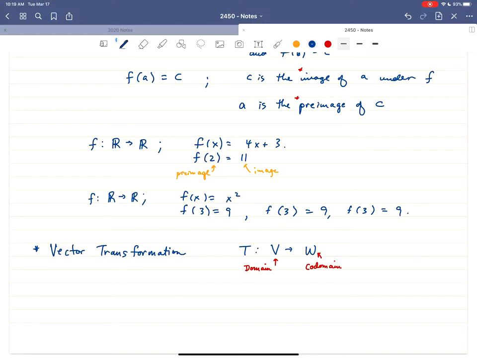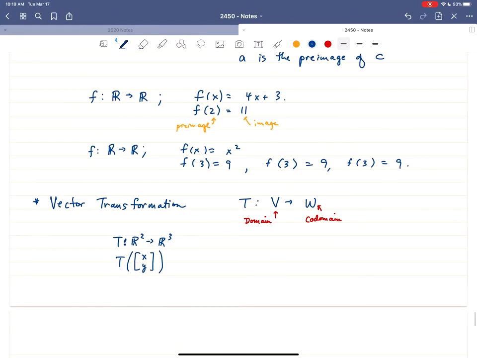For example, we could have T going from R2 to R3, where, for convenience, I think of R2 and R3 as column vectors. If our input is (x, y), then maybe our output is (x squared, x plus y, 4y minus 1). That would be a valid vector transformation from R2 to R3. Your input is 2 values, your output is 3 values.